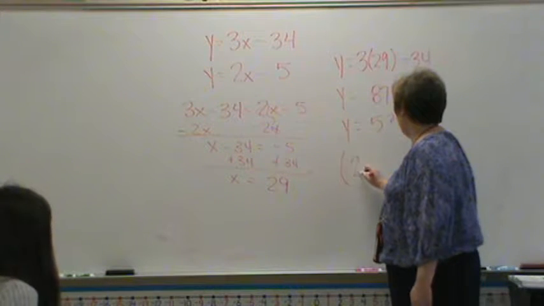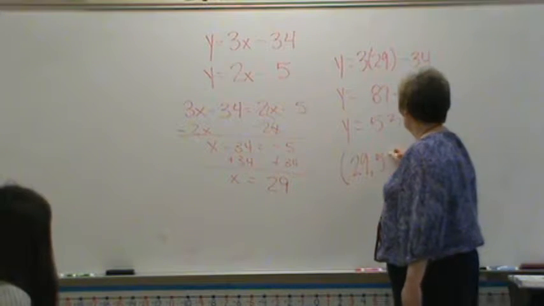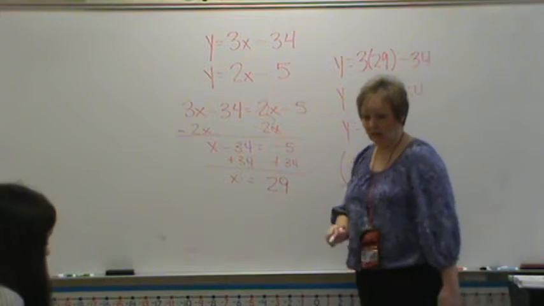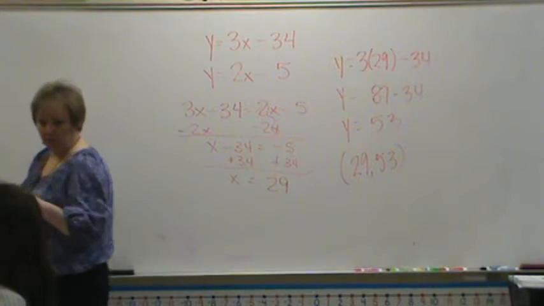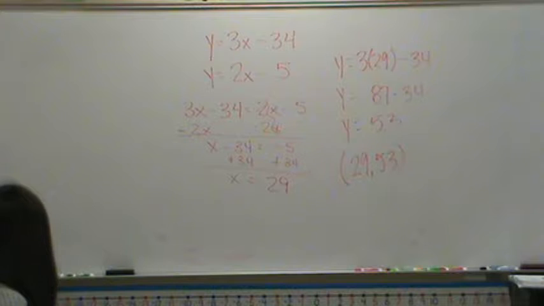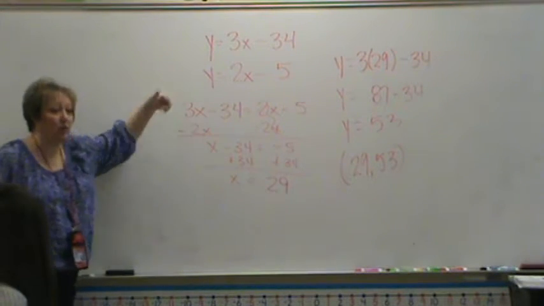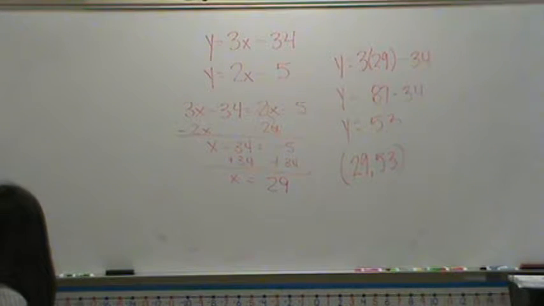So the ordered pair, what does that mean? That's where these two lines intersect. If I were looking at their graph, that's where the two lines would intersect.